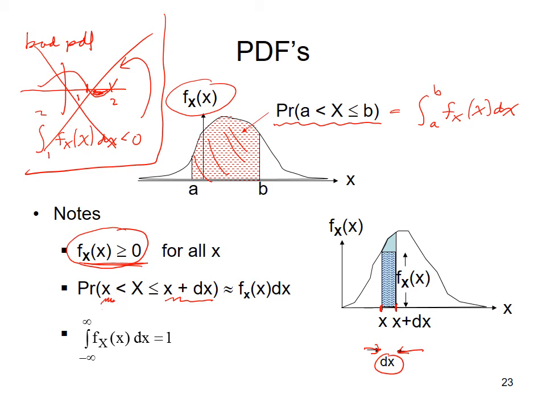If I want the probability of X being between those two values, it would be the area under the curve, which is the blue area.